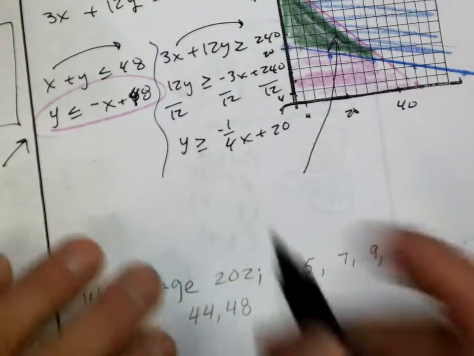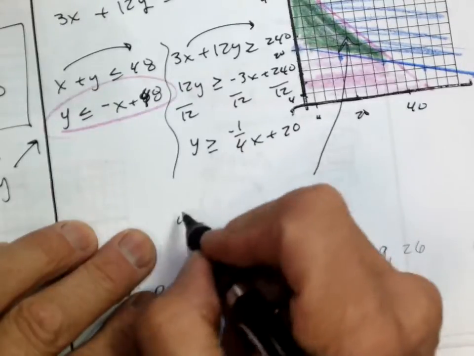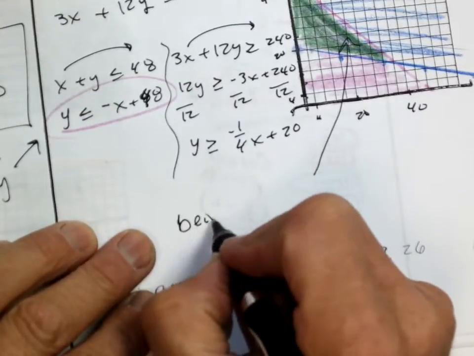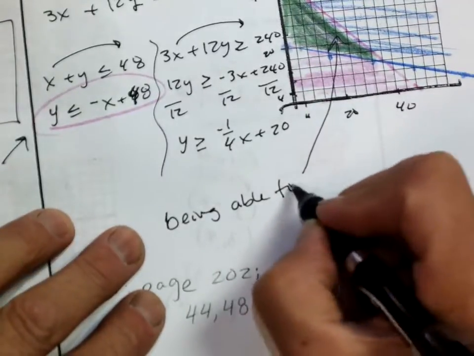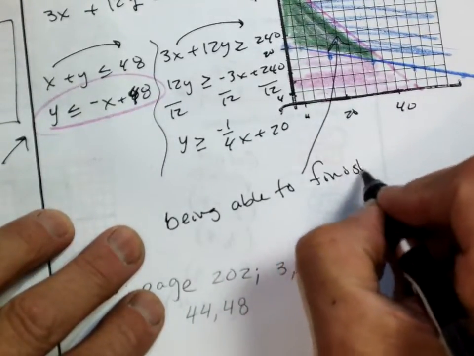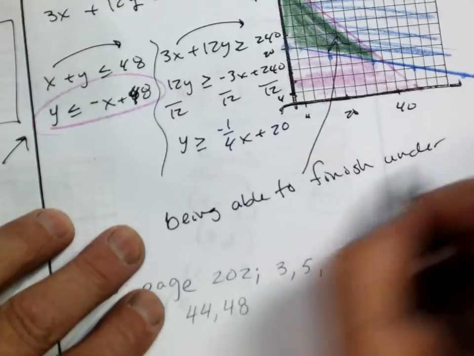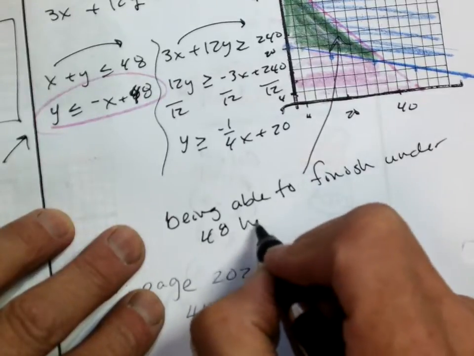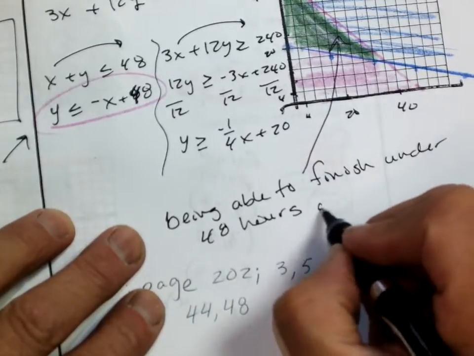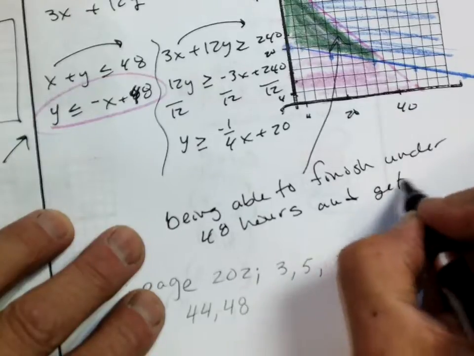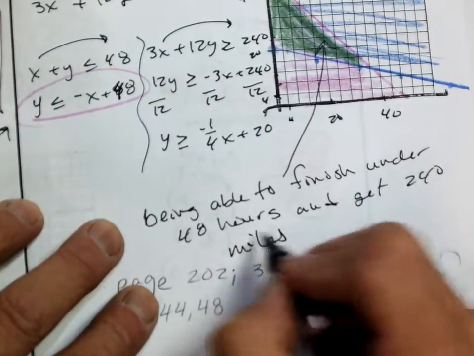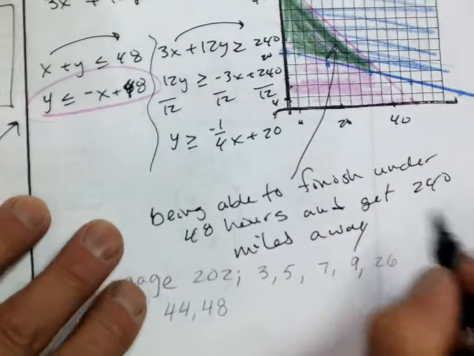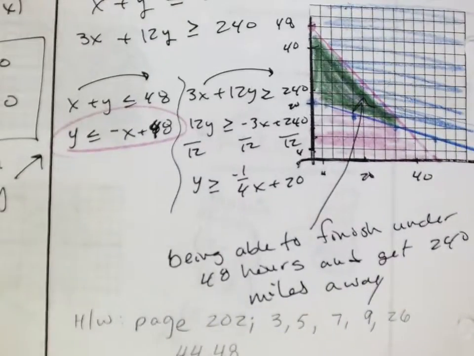So the green represents being able to finish under 48 hours and get 240 miles away. All the different combinations.